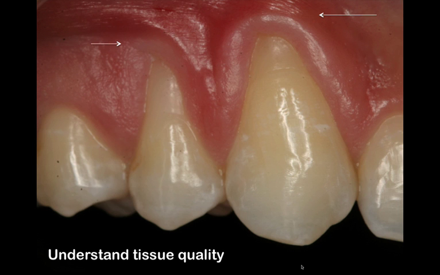The surgical procedure will be facilitated because the tissues will be more resistant when you manipulate and handle them, and there'll be less risk of complications like tissue tearing and perforations. And I find that my best successes are with tissues that have good quality, with a lot of attached and keratinized tissue. And of course, this is not our choice, but we have to know this ahead of time.